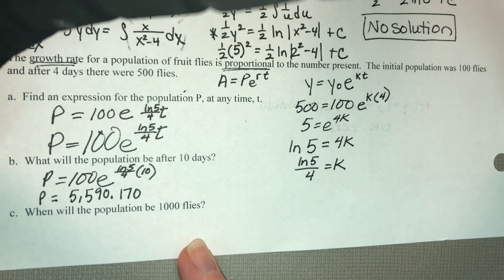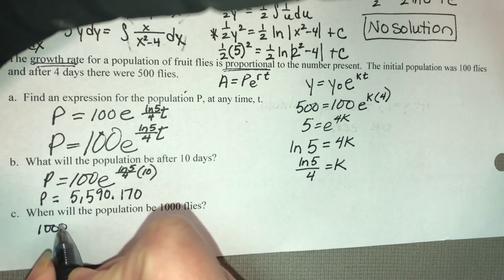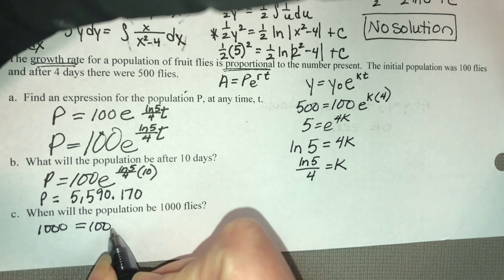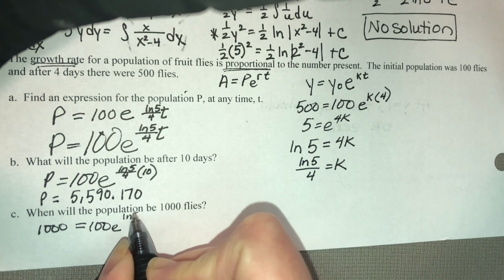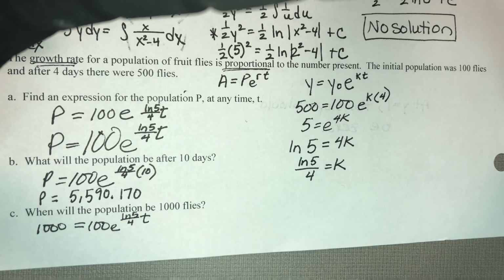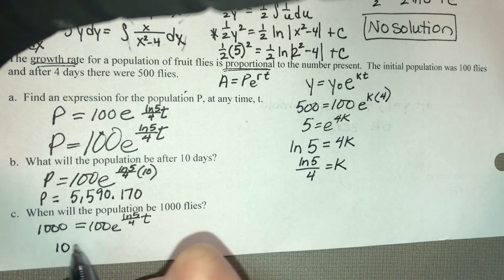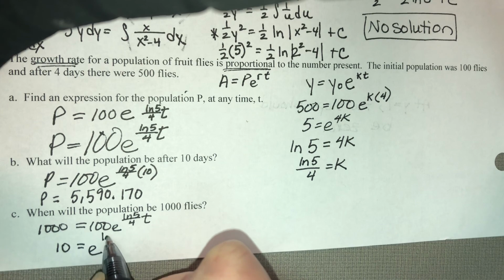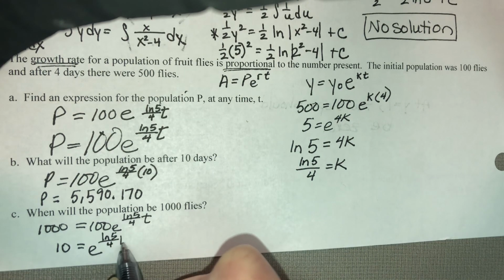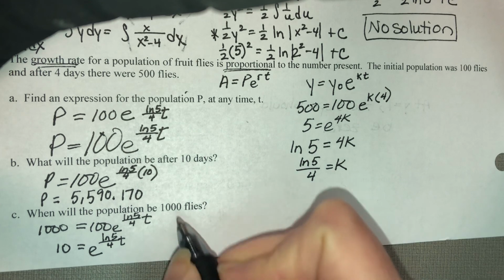When will the population be 1,000 flies? Okay, so that means the ending value is 1,000, and we're trying to solve for the time. So the first thing we would do is divide both sides by 100. So that means 10 would equal e to the natural log of 5 over 4 times t. You can take the natural log of both sides to rewrite this as a logarithmic statement.